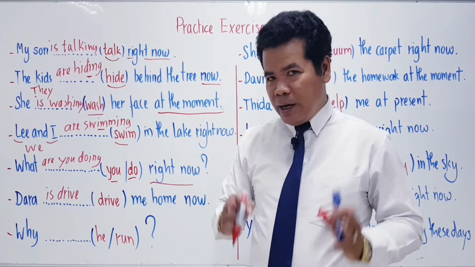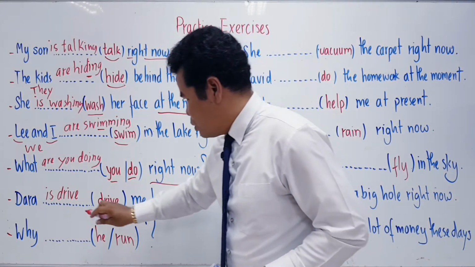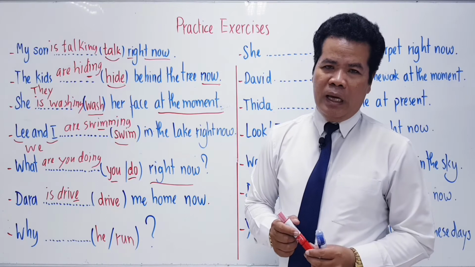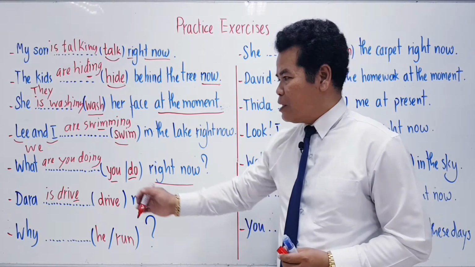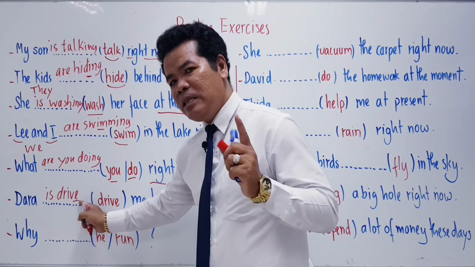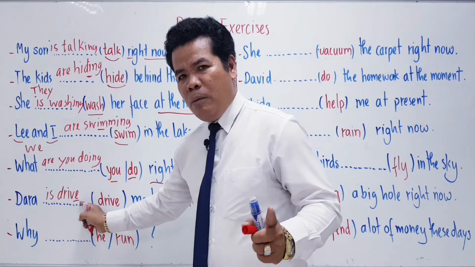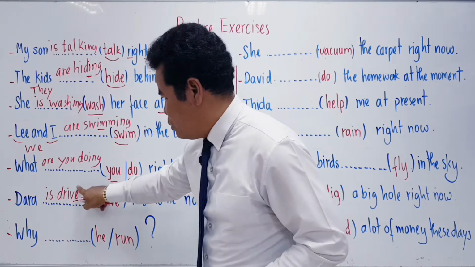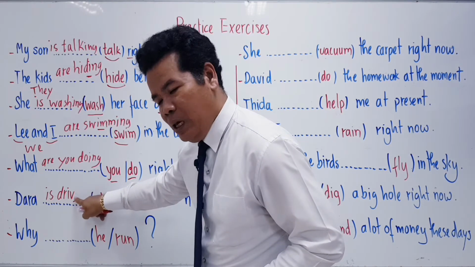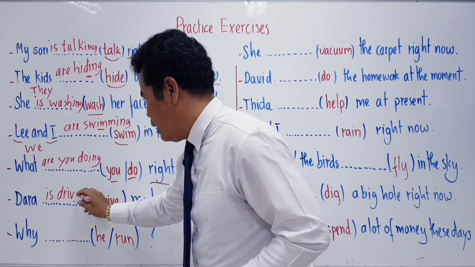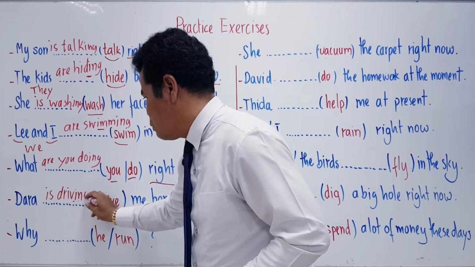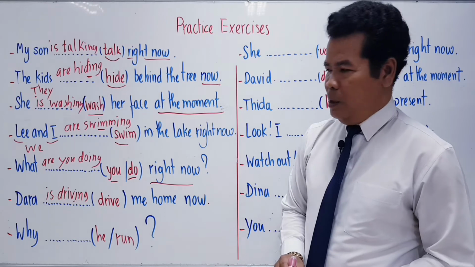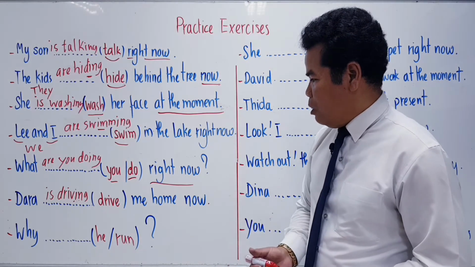But before we add ing, you have to concentrate on verbs ending in a single e. So drive is one kind of verb ending in a single e. So before you add ing to the verb, you have to drop e or erase e and add ing, driving. Dara is driving me home now.